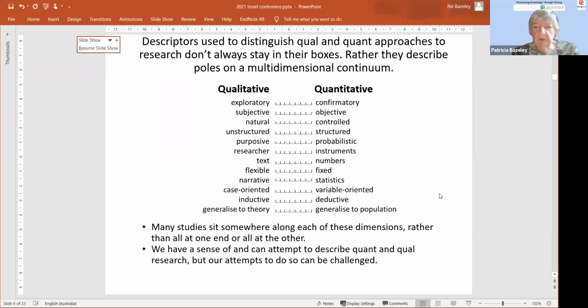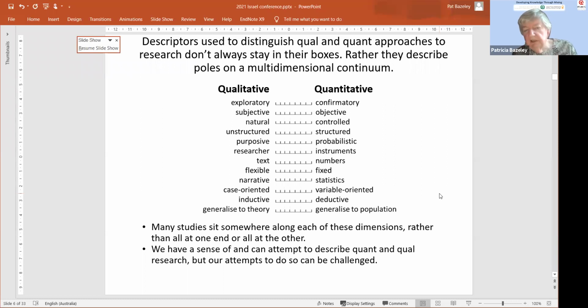So things don't stick neatly in their boxes. You can do inductive research with numbers. You can do deductive research with text. So the divisions just don't work.